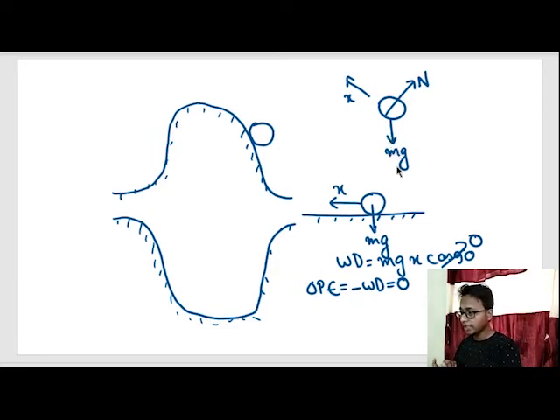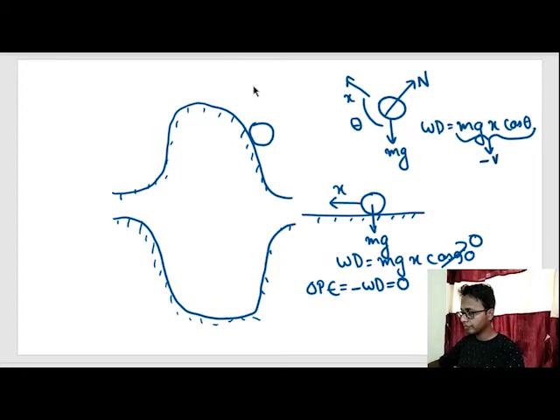Now see, the angle between mg and x is more than 90 degrees. That means the work done by gravity is mg x cos theta, where theta is this angle. We know that this value will be negative. So the work done by gravity is negative.